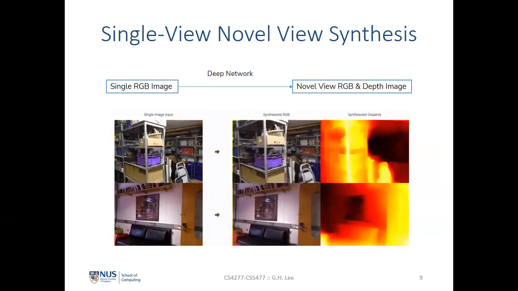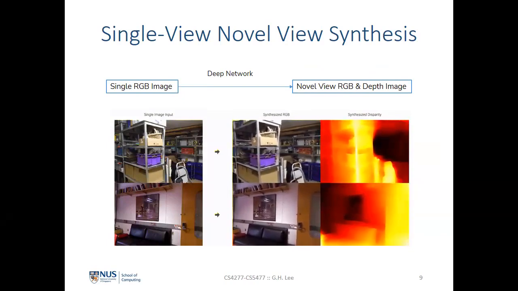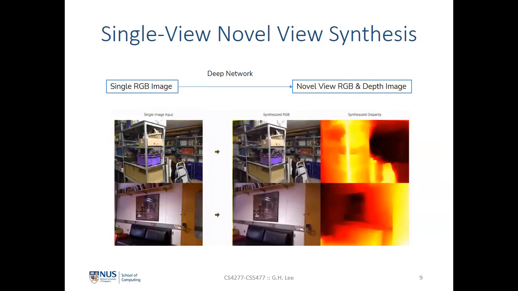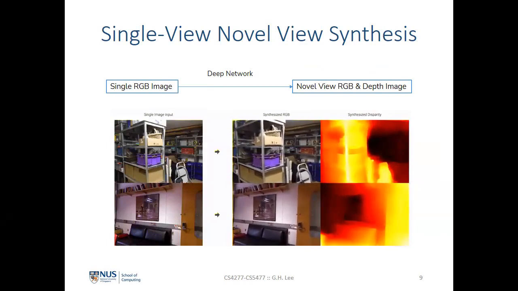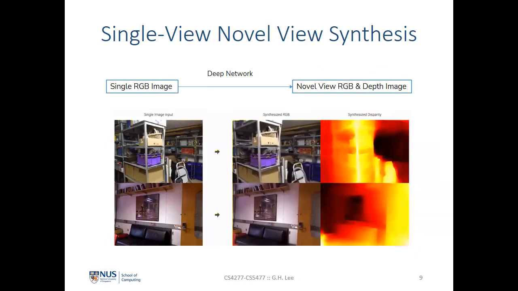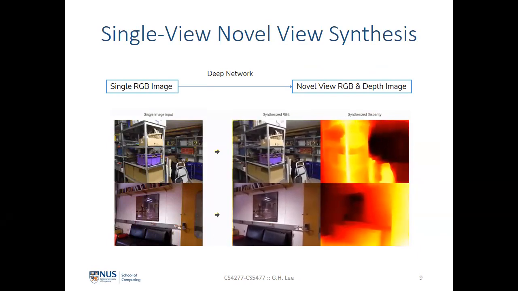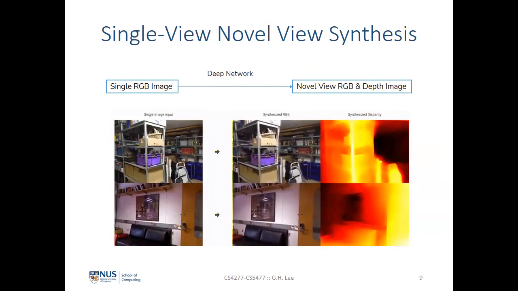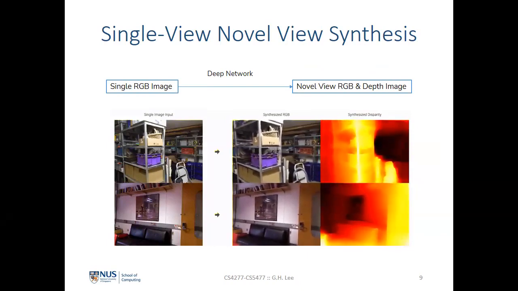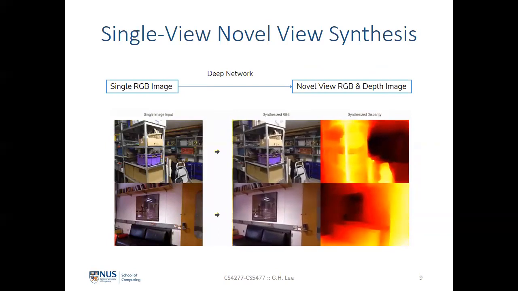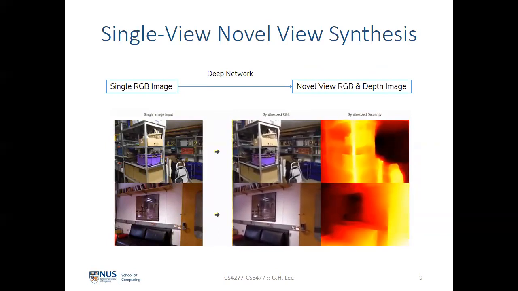Because this single view image is looking at the scene from one viewpoint, you want to design a deep network such that you can look from other viewpoints. So these are the novel views.